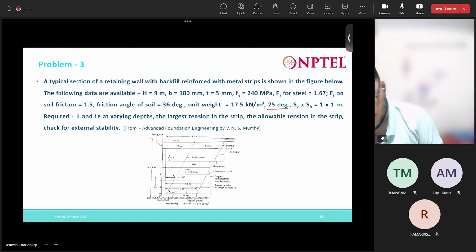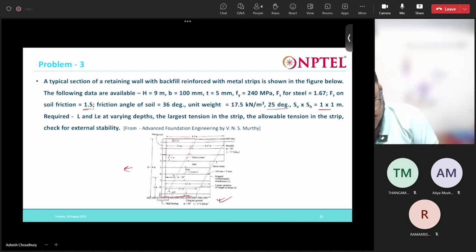So what they are doing is that they are just taking this average width. Okay, so average width: 4.5 plus 8.5. You can see this 4.5 here, this base.